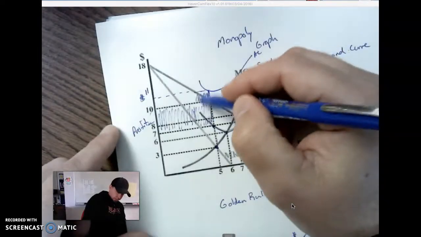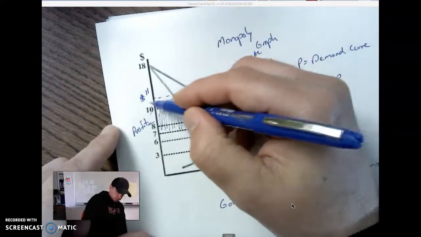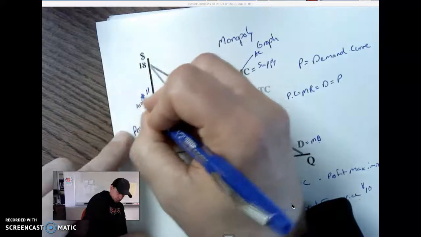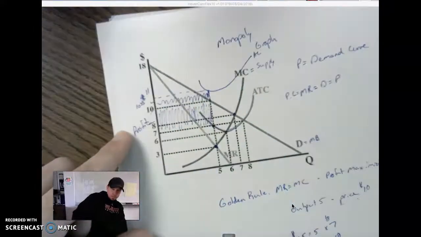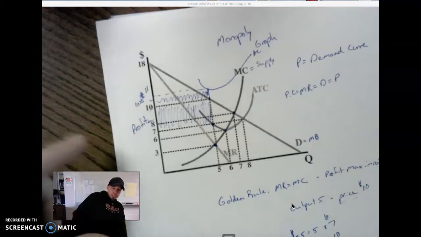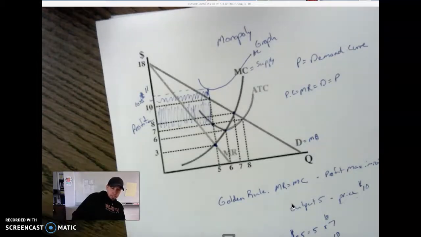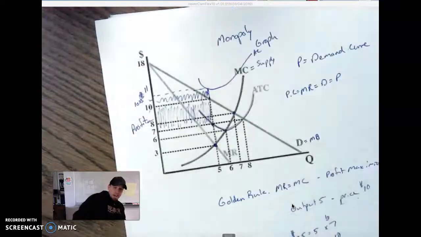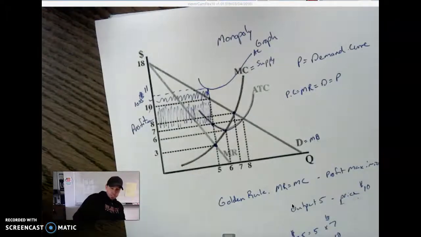We look at this area here, and this would be what we would call a loss. That might change as you have different problems, and we'll get into shutdown and minimizing losses in the short run once we throw the average variable cost curve into this. But this gives you a basic idea of how to use this graph.